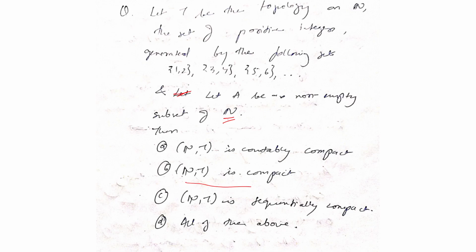Yes, if you have an open cover, then you should get a finite subcover. Then we can say that it is compact. So in this case, that is (N, tau), where tau is defined in this form, these are the open sets in our tau. So can you guess what the open cover will be, and can you find a subcover for that such that it covers the natural numbers?